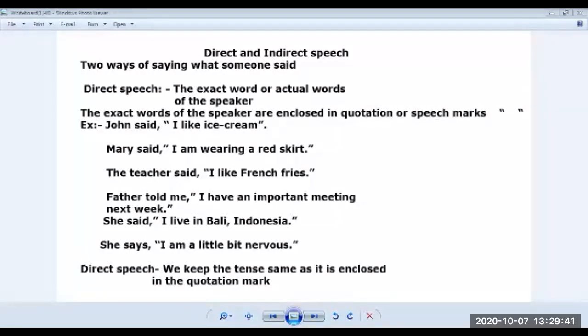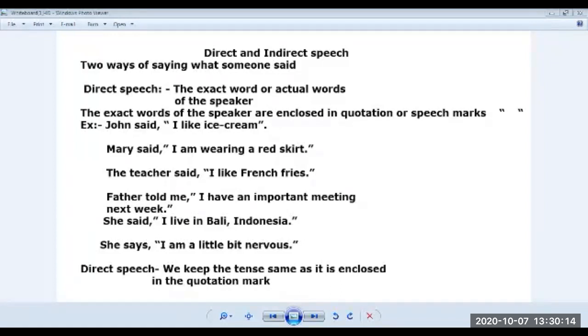So for that we use indirect speech, which is also called reported speech. What do we use for reported speech or indirect speech? When we report, we tell not the actual words, but the words which are not our own, but the message is the same, and you are telling someone about something that happened.